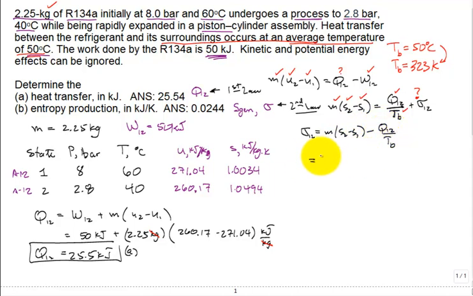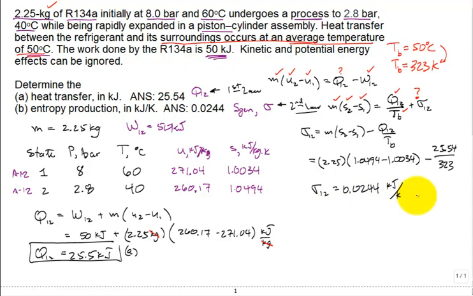So we'll put in our 2.25, and then our final entropy 1.0494 minus 1.0034, then minus our 25.54 kilojoules divided by 323 Kelvin, and then sigma 1 to 2 comes in at 0.244 kilojoules per Kelvin. That's the answer to part B.